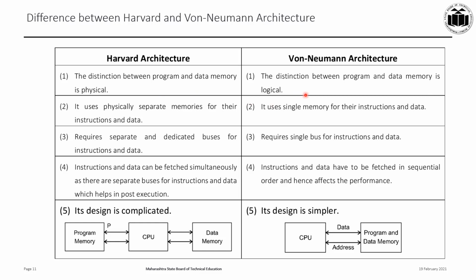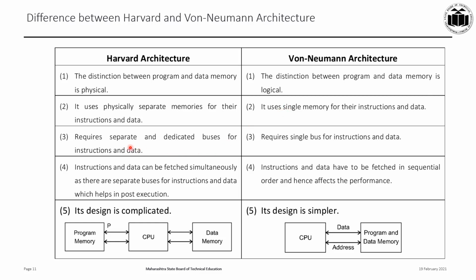But in Von-Neumann architecture, there is a common memory for program and data, and hence some space is allotted for the program or the code and some space is allotted for the data in the same memory. And hence we say that the distinction between the program and data is logical.